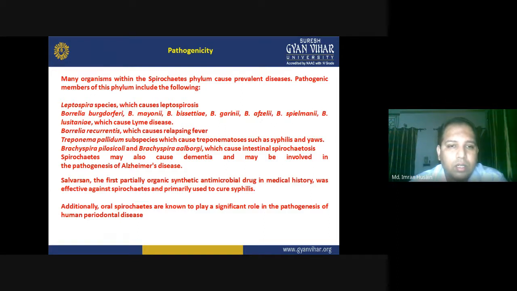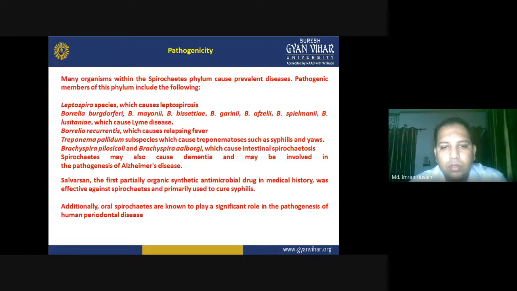Borrelia recurrentis causes relapsing fever. Treponema pallidum subspecies cause treponematoses such as syphilis and yaws. And Brachyspira pilosicoli and Brachyspira aalborgi cause intestinal spirochetosis.